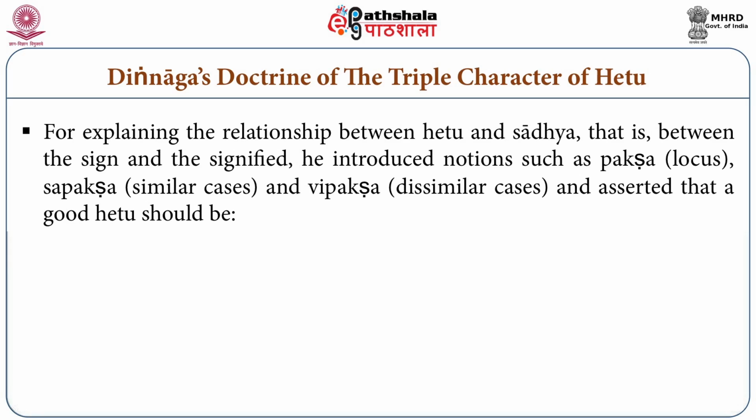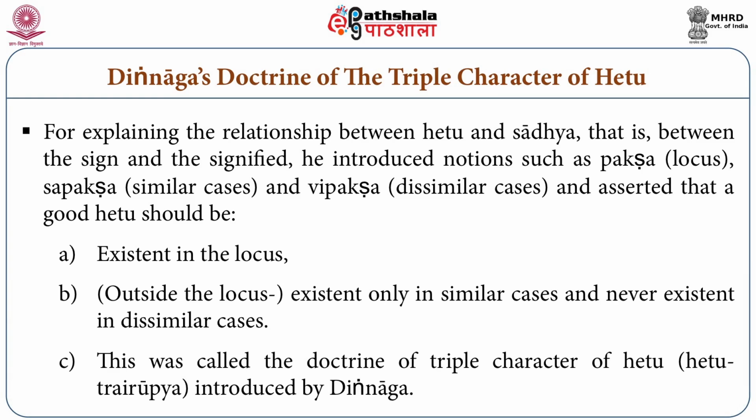For explaining the relationship between Hetu and Sadhya, that is, between the sign and the signified, Dinnaga introduced notions such as Paksha, Sapaksha, Vipaksha, and in terms of these ideas, he asserted that a good Hetu should be existent in Paksha, then outside that Paksha it should be existent only in Sapaksha, that is similar cases, and it should never be existent in dissimilar cases, that is Vipaksha.